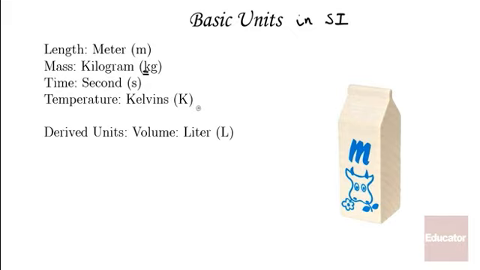Temperature in SI is defined in kelvins, and we will explore the relationship between kelvins and familiar temperature scales a little bit later. But kelvins are the intervals in the temperature scale on SI, and there is a 0 on that scale, which we call the absolute zero of temperature.